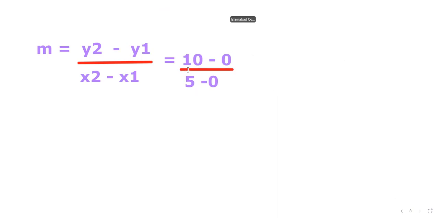So 10 minus 0 over 5 minus 0 is equal to 10 divided by 5, which is equal to 2.